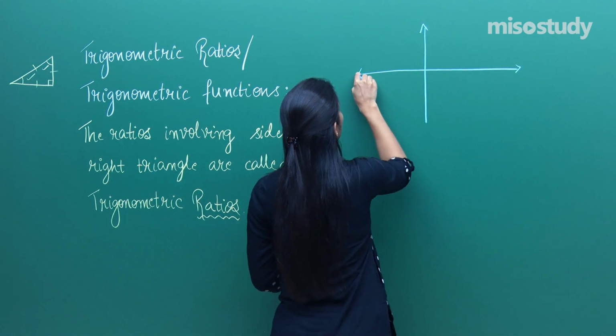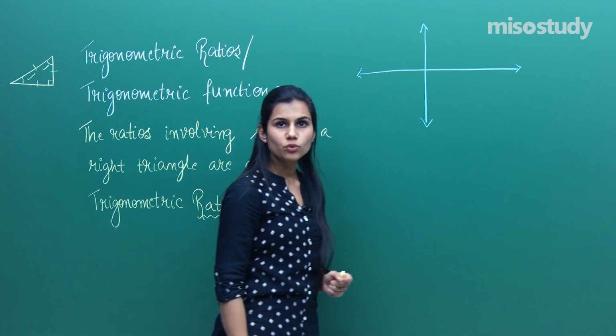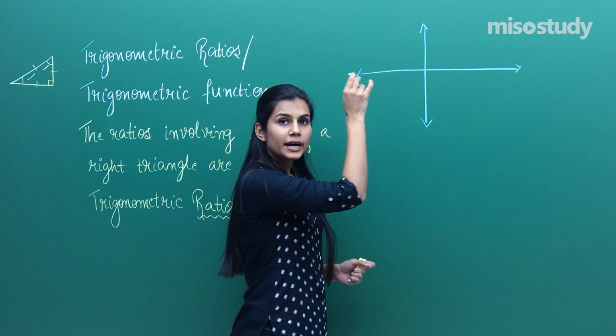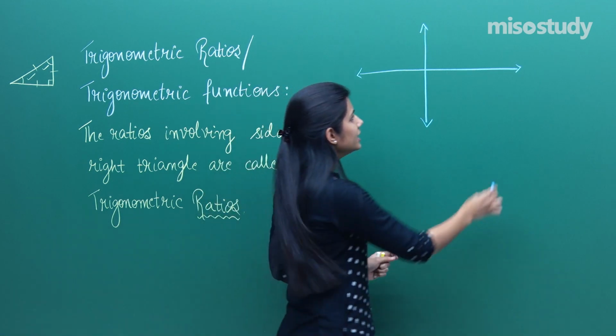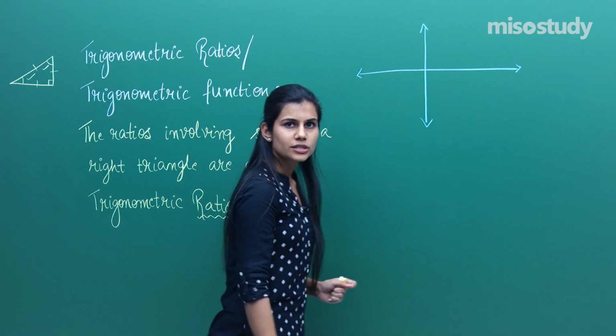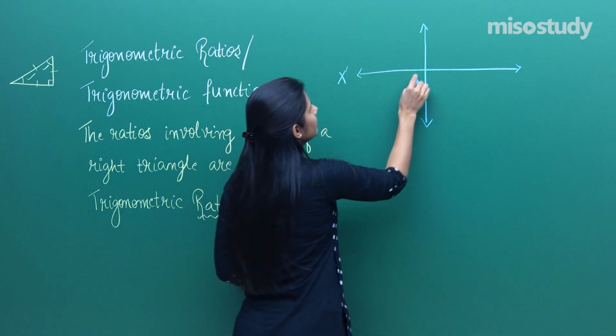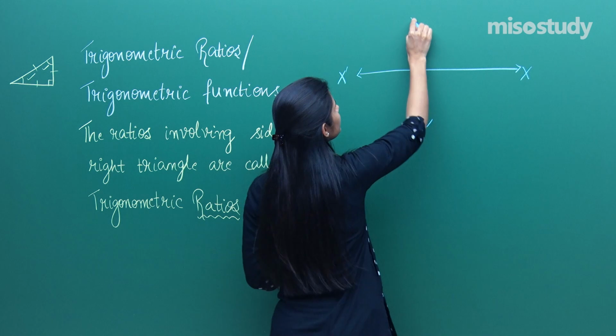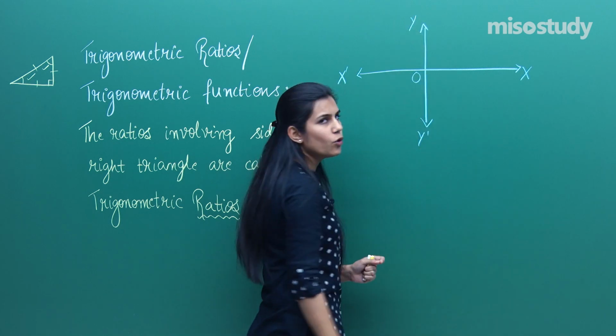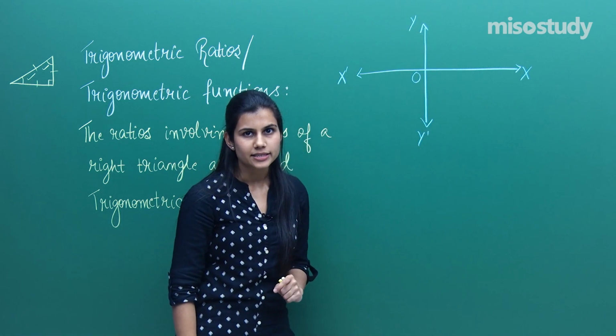Here is the coordinate plane before you, made up of two lines which meet at right angles with each other. This is your x-axis, which is the horizontal line X'OX, and this vertical line YOY' is your y-axis.